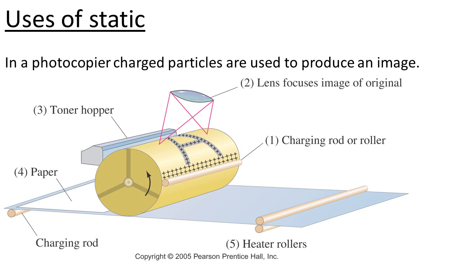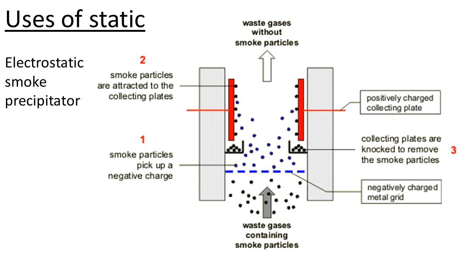The next one, we've got a thing called an electrostatic smoke precipitator. This is something that cleans up the smoke that comes out of, say, a chimney in a power station. As those waste gases and bits of carbon that would normally cause all sorts of problems go up, they move through this sort of metal grid, which gives all those smoke particles a negative charge.